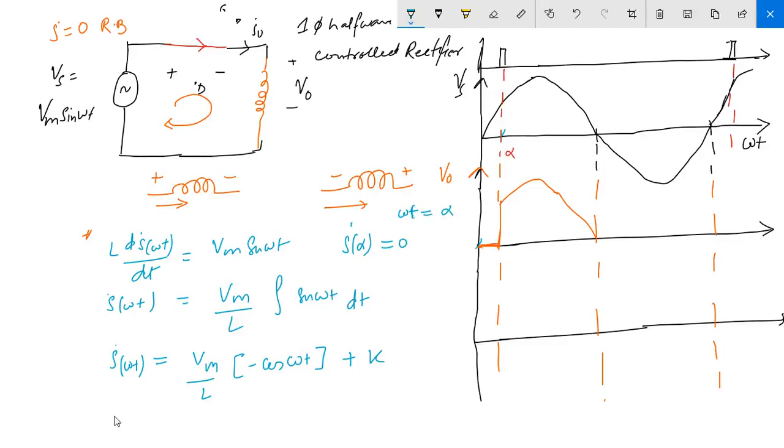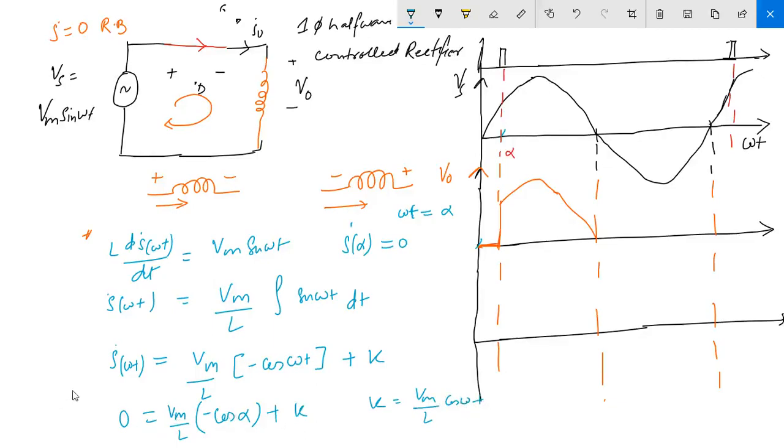So I can write 0 equals Vm by omega L minus cos alpha, and that is k. So what value of k will be? K is equal to Vm by omega L cos alpha.